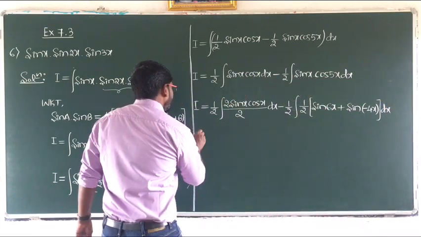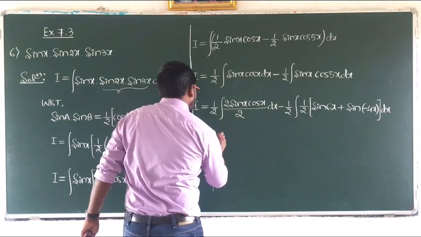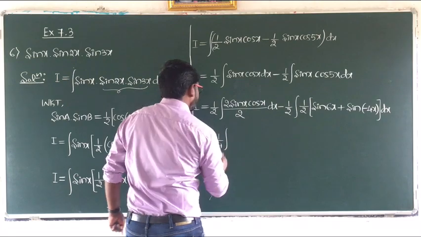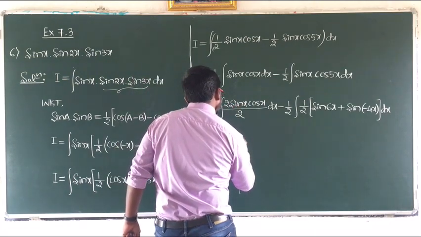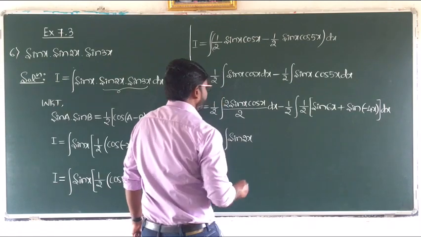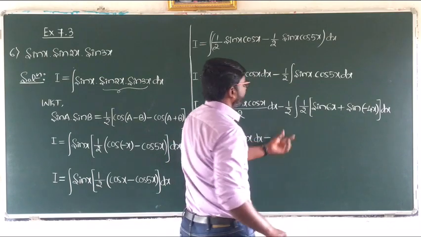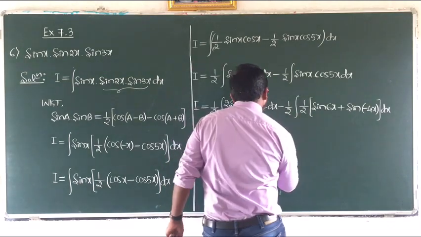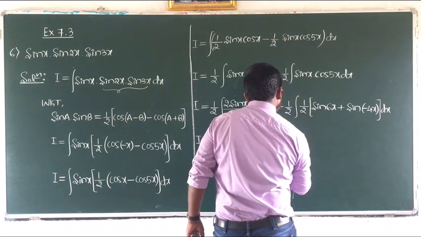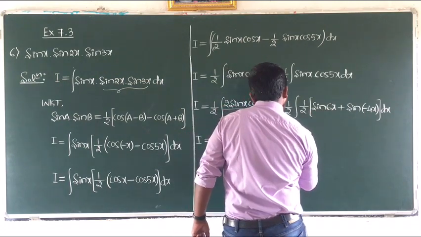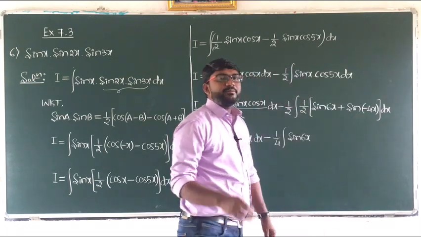So now I, which is equals to, so 2 into 2 it is 4, I write outside now, 1 by 4 integral, what is 2 sin x into cos x? It is sin 2x. Sin 2x dx, then minus, so 1 by 2 into 1 by 2 will be 1 by 4, 1 by 4, and then integral, here we have sin 6x, and then sin of minus 4x will be minus sin 4x.